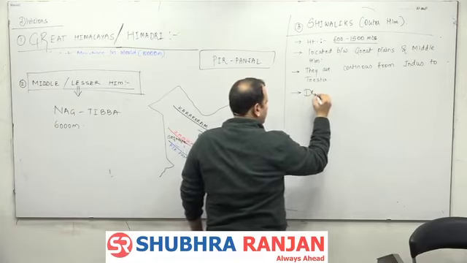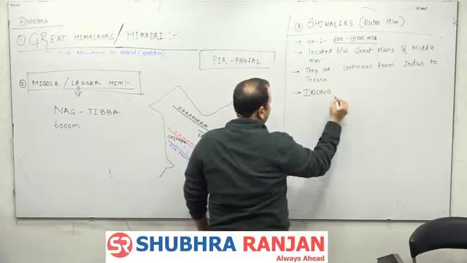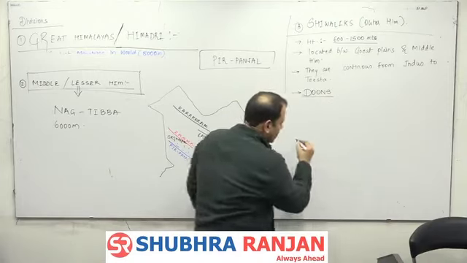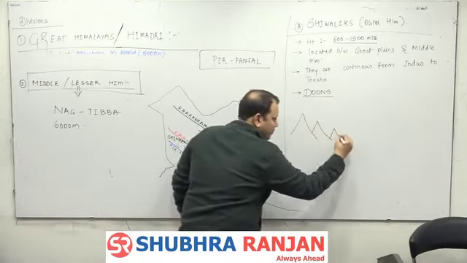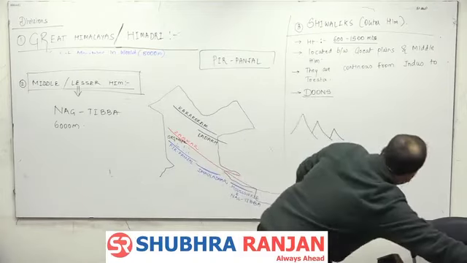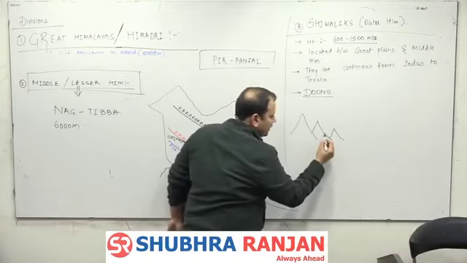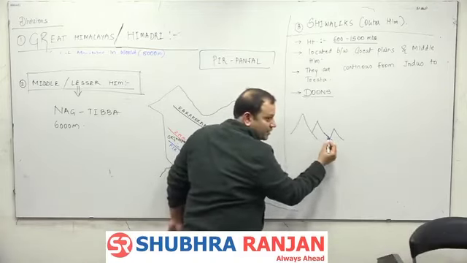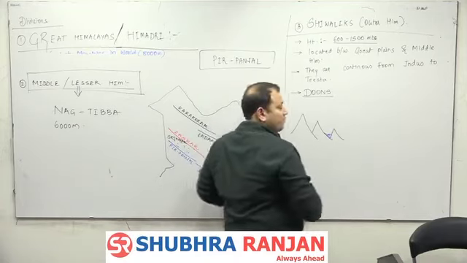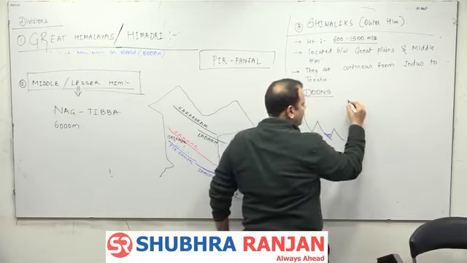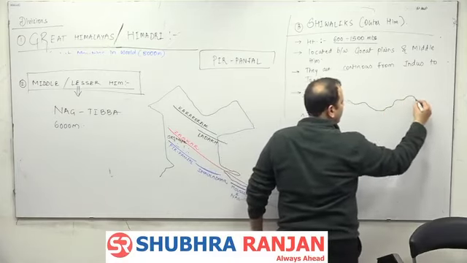Next point is what I was explaining to you: dunes. So initially Great Himalayas, then formed the Middle Himalayas, and then came Shivaliks. Because of the formation of the Shivaliks, rivers, not glaciers, rivers were blocked, forming temporary lakes. This land obviously was not very flat. ऊपर नीचे was the land.